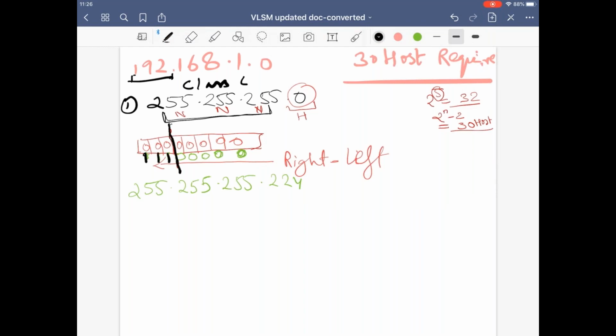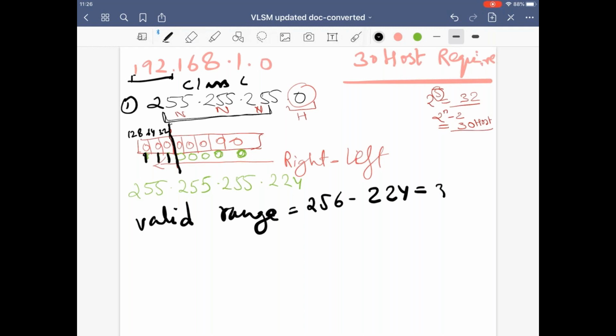The first ones are 128, 64, and 32. Now I am calculating the range of my networks. 256 minus 224 is 32, right?